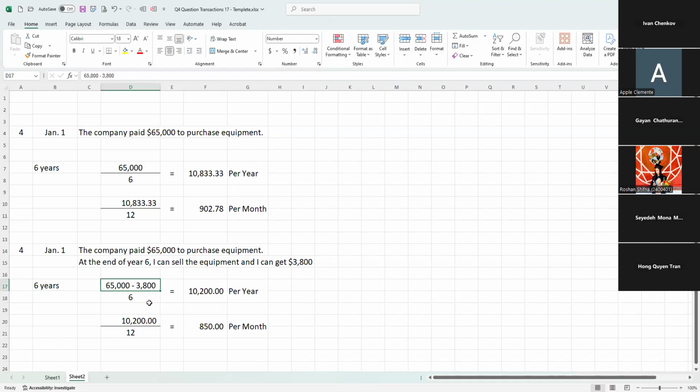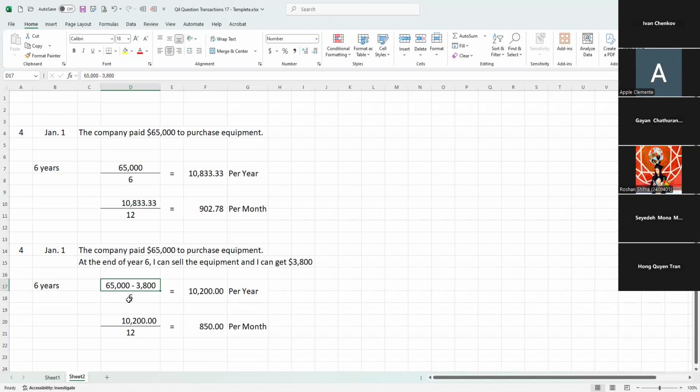For now, I want you to understand that we have to transfer the cost of the assets into expenses to match the revenue we're generating from that particular asset, but only to the amount that we're actually expensing.